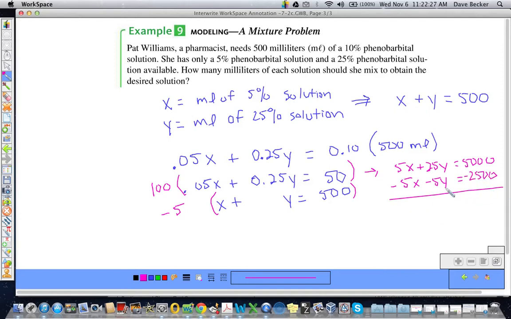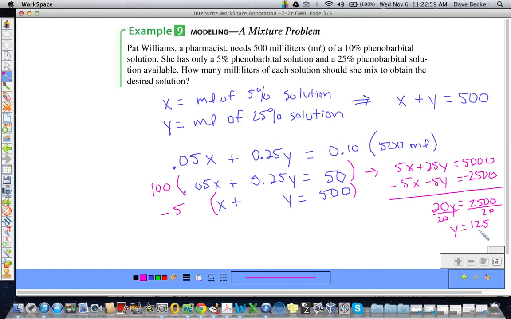So now I can combine these two equations and the x's drop out. 25y minus 5y is equal to 20y, and 20y is equal to 5,000 minus 2,500, which is 2,500. Solving for y, dividing both sides by 20, I get y equals 125.